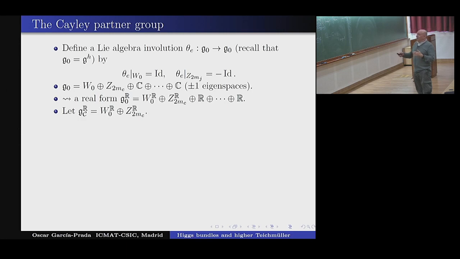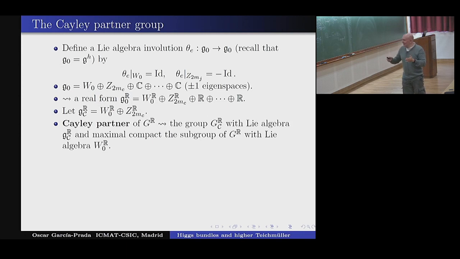Then you take this piece of the Lie algebra and leave the rest out, and this is the Cayley partner. The Cayley partner of GR is the group whose Lie algebra is this.